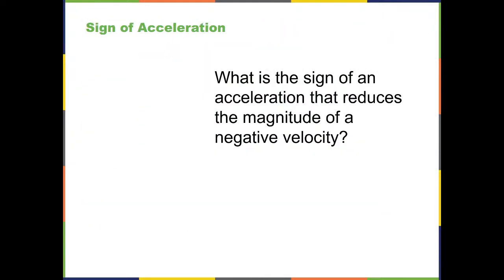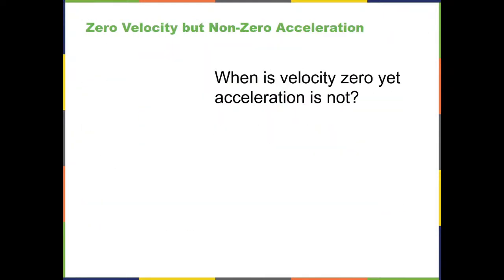So going back to the question, when is the velocity 0, yet the acceleration is not? It's when we change direction from moving in the positive direction to moving in the negative direction. And in particular, when we do that in a continuous way, so that we have a velocity that is instantaneously equal to 0.